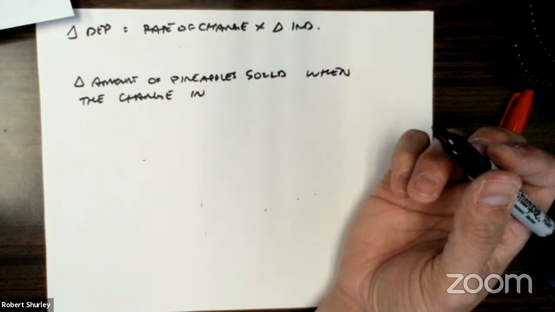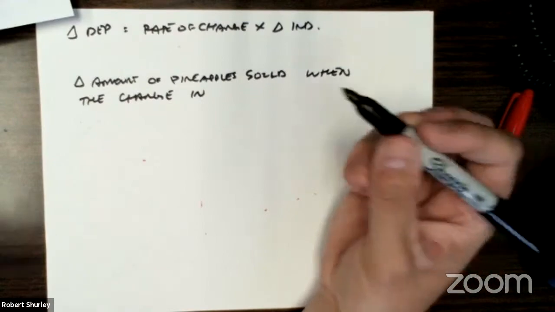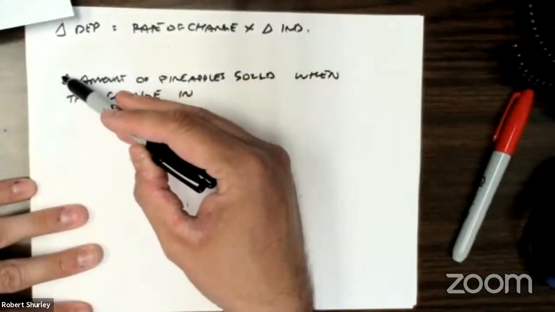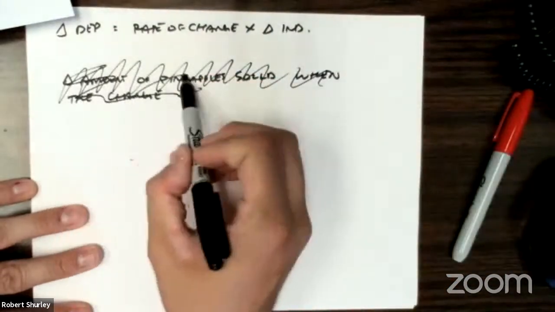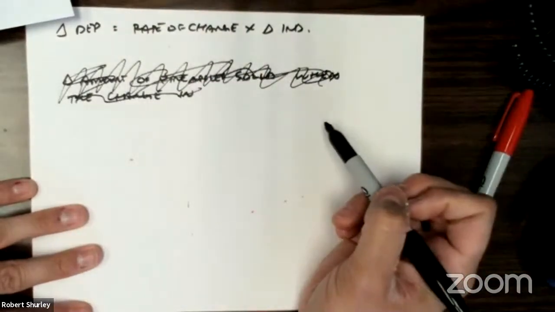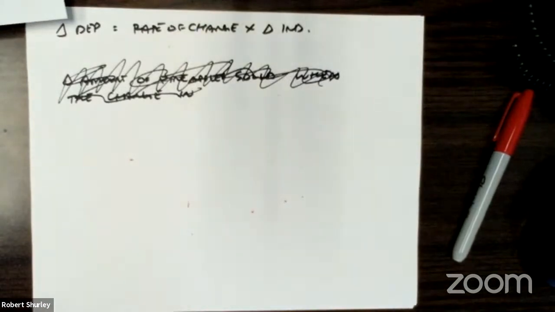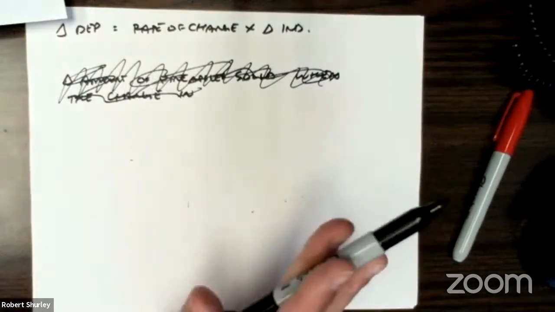Is the rate of change for this function 1 inch per hour? This doesn't work well for our pineapple example. I'm going to mark that out. It just doesn't work that well for this example.